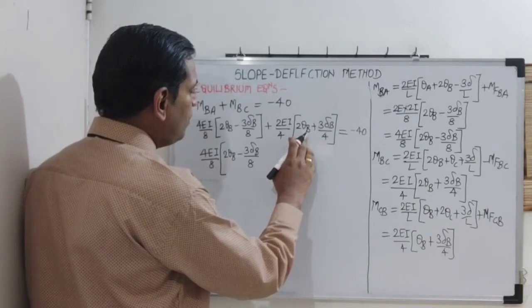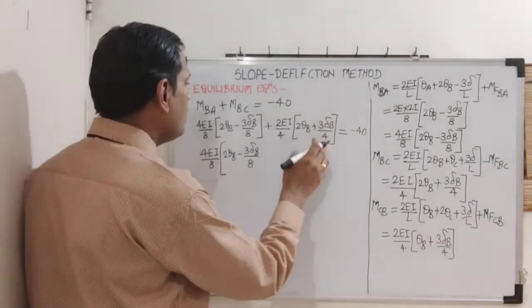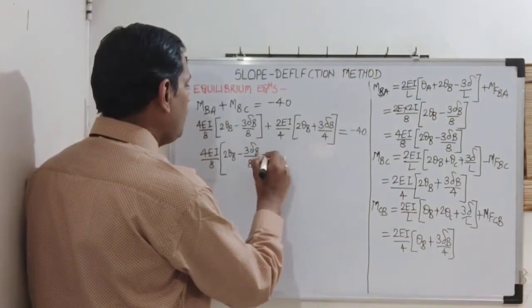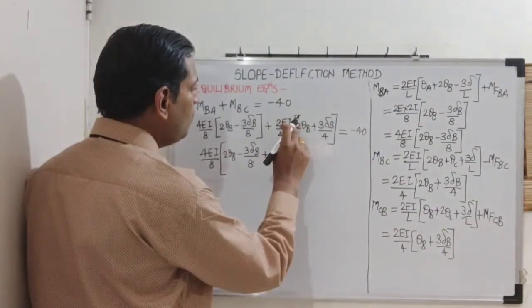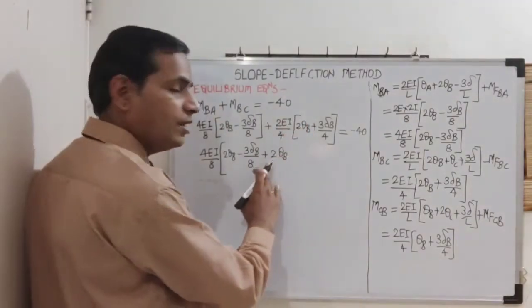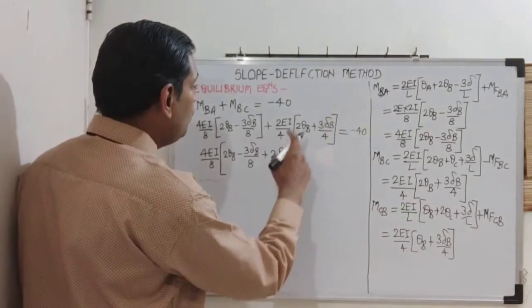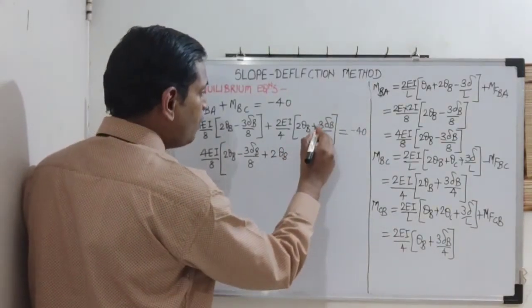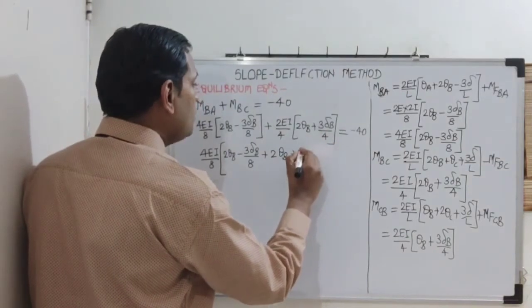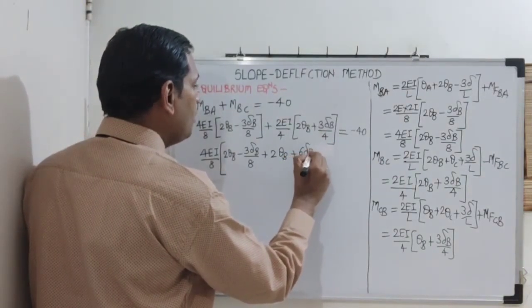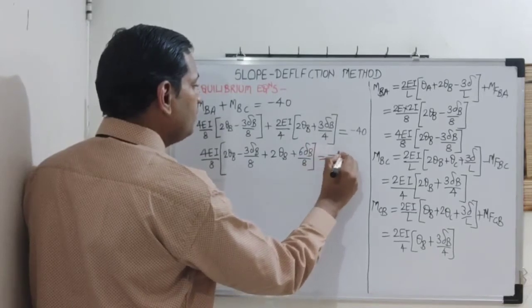Here we multiply and divide by 2 for each term, so 2 theta B as it is, plus 6 delta B upon 8, equal to minus 40.